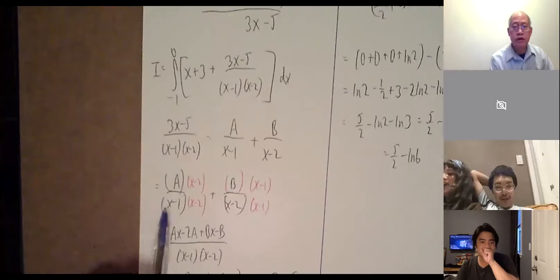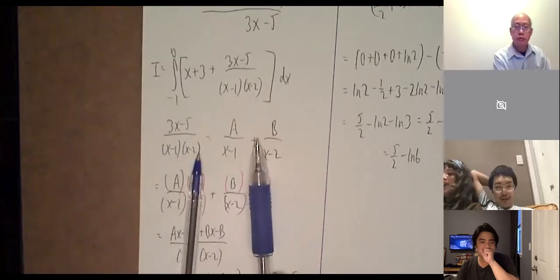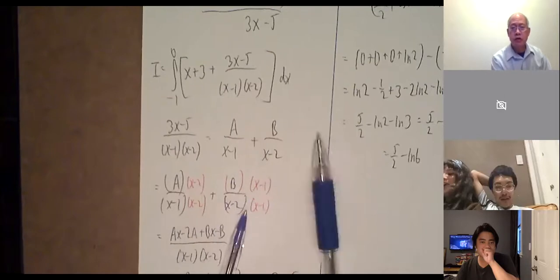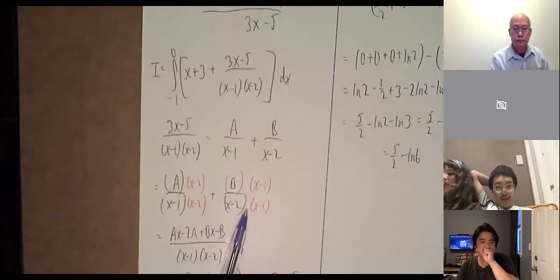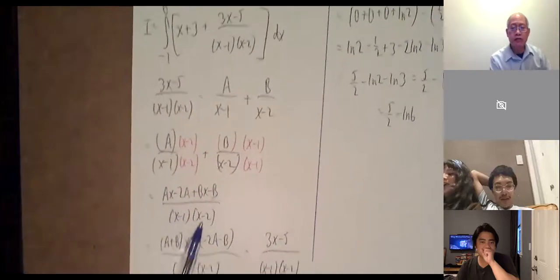All right, so here we go. A over x minus 1, B over x minus 2. I need a common denominator. The left side, I need to multiply by x minus 2 over x minus 2. The right side, I need to multiply by x minus 1 over x minus 1. So now I have my common denominator, x minus 1, x minus 2.